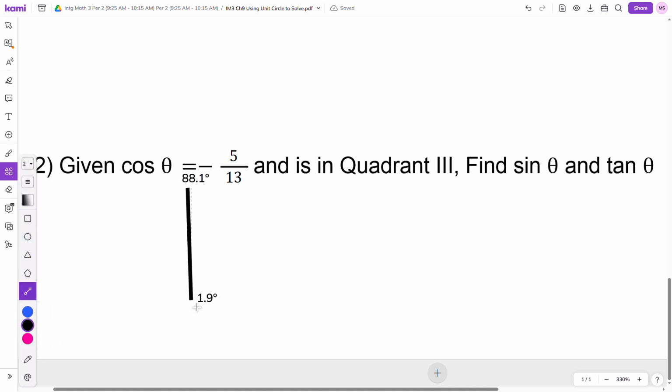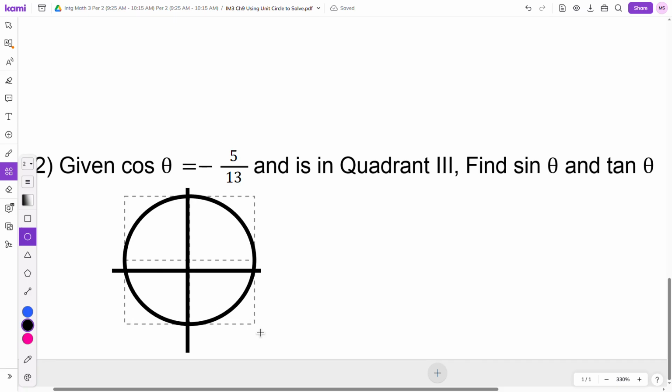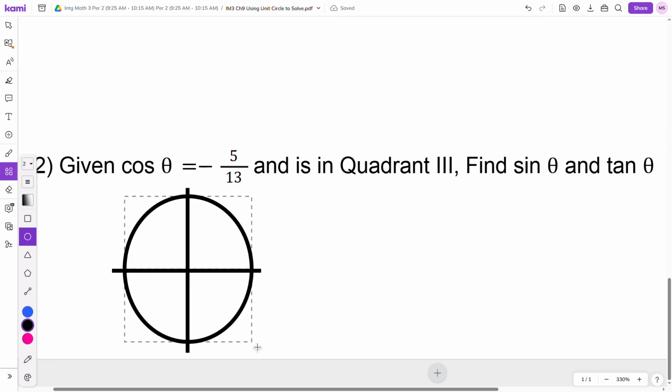What I recommend you do, if you really want to take this apart, is that you start by sketching a unit circle, just so you have an idea of what you're looking at. Close enough. And let's label this a little bit. So we have cosine is negative 5 over 13.